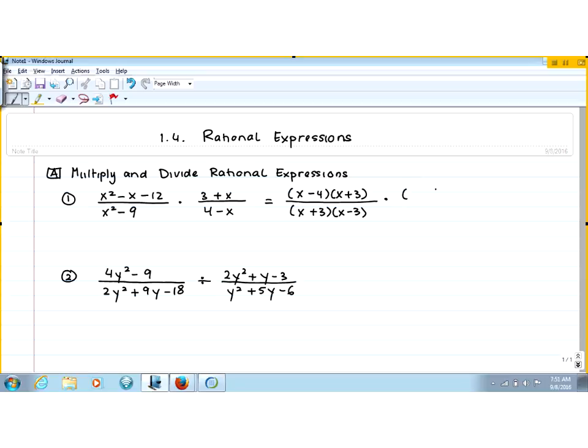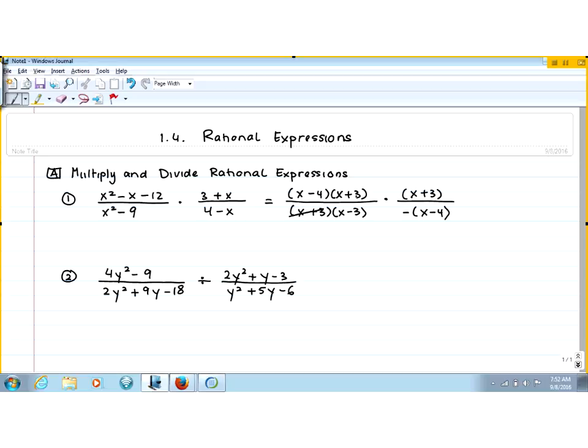Multiply by 3 plus x. 3 plus x is x plus 3, isn't it? So I'm just going to put x plus 3. 4 minus x and x minus 4, are they the same? No. So this is the negative of x minus 4, the opposite of x minus 4.